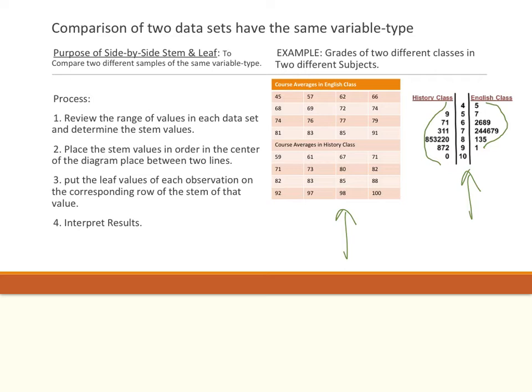Well, certainly we can determine where the centers basically are. For the English class, it's around the 70 mark. For the history class, it looks like it's around 80. And so from that standpoint, we can see that the scores generally are higher in history than they are in the English class.